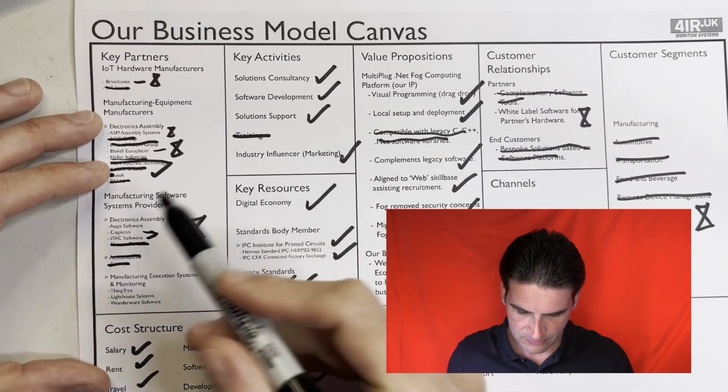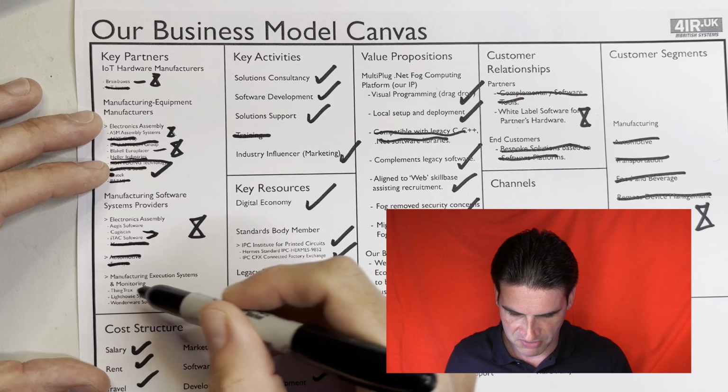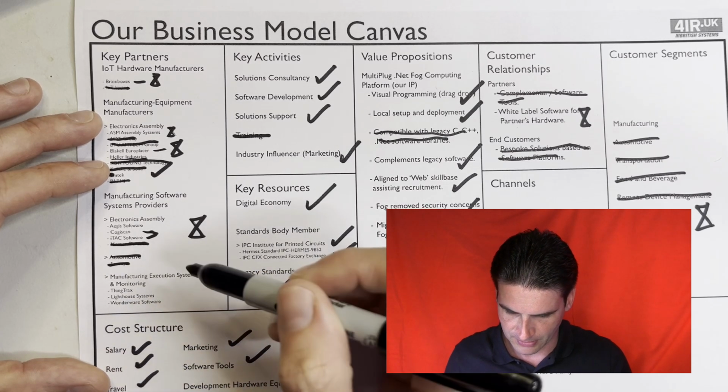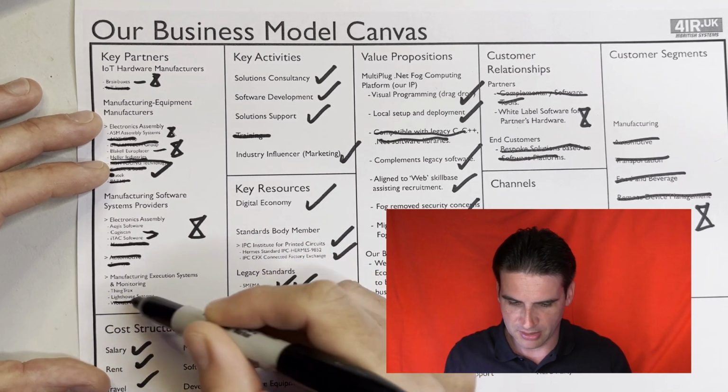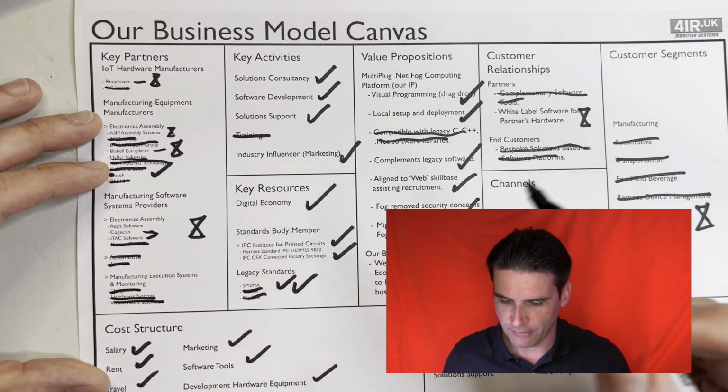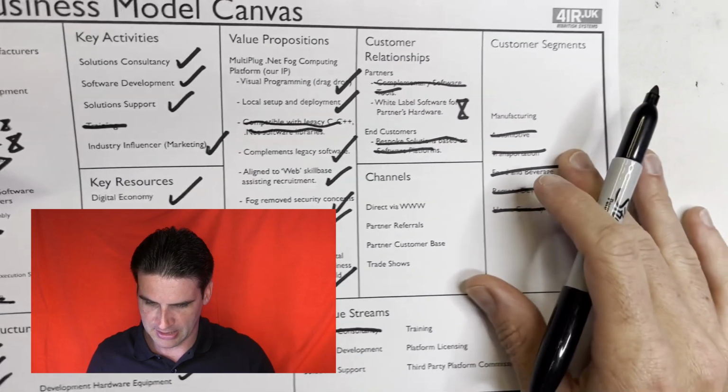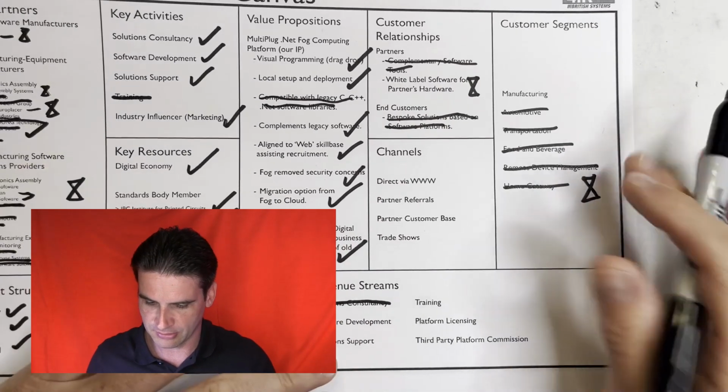Yeah, Wonder Software, Lighthouse, Things Track, don't know anything about them at all. So really, partners, I have no formal partnerships, but what I do have is people using the product and recommending it, and that really comes on to the last thing, which is the opportunities of the sales, really.